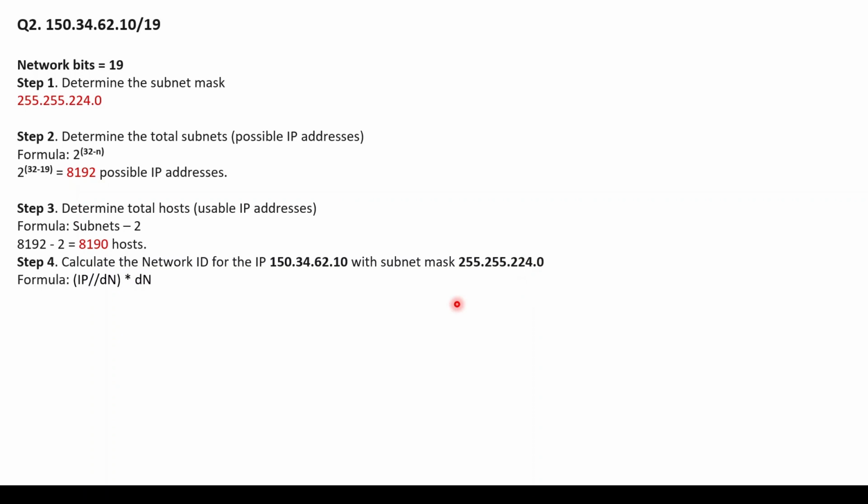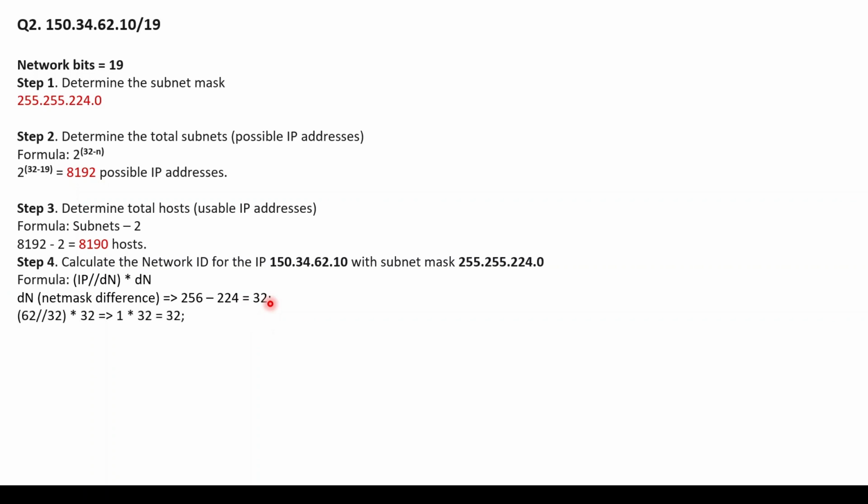Now, the formula: we perform an integer division of the IP at the octet of interest, which is 62, by delta n. Our delta n is 256 minus the subnet mask at the octet of interest, which is 224. So our delta n here is 256 minus 224, which gives us 32.